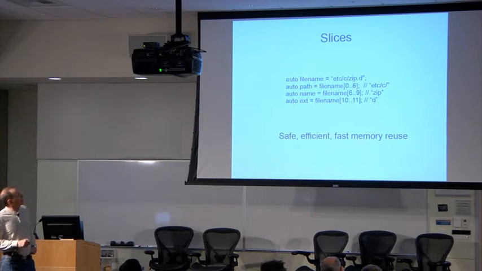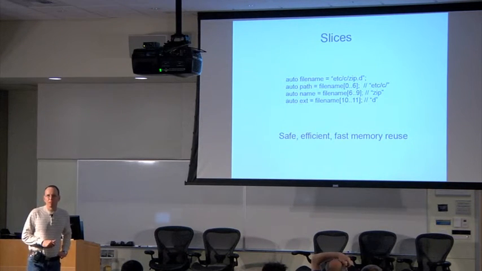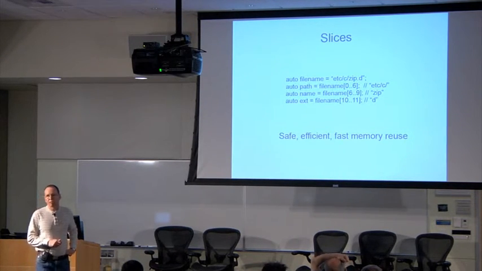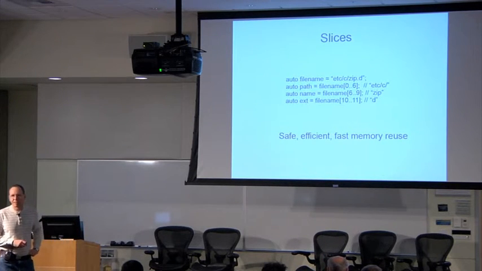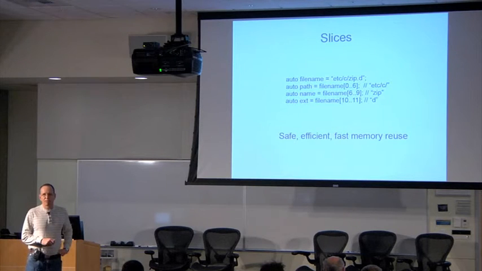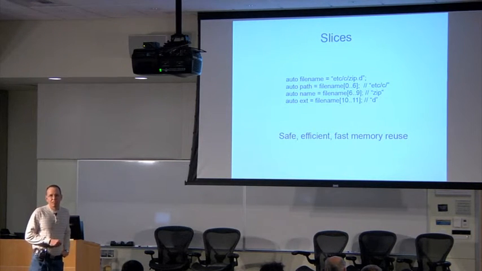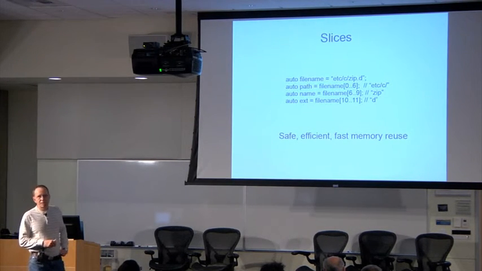Slices. Slices is, I believe, a D innovation. Let's say our file name is this string, and we can slice it, which is to take parts of the string out, and it doesn't make copies. It's just simply under the hood manipulating pointers and lengths. So it turns out to be very efficient and very fast because you don't have to allocate memory to do things like break up a file name.